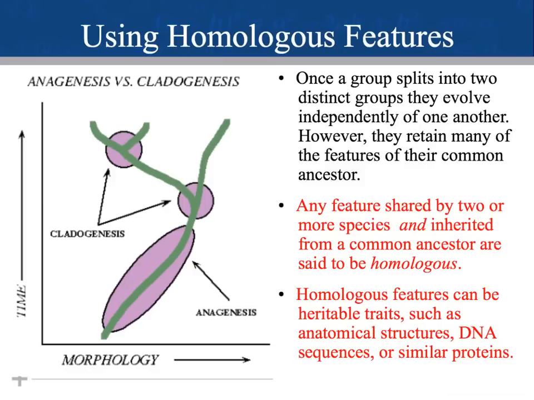So any feature that's shared by two or more species and is an inherited feature from a common ancestor is what we call homologous. Homologous features can be things that are inherited, such as anatomical structures like bones within your forelimb, or DNA sequences, or proteins that all of those species have in common.